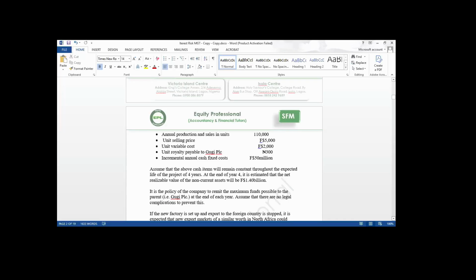So Google PSC, 300 naira. Let me explain that. The subsidiary in the foreign country will pay royalty to the parent company.